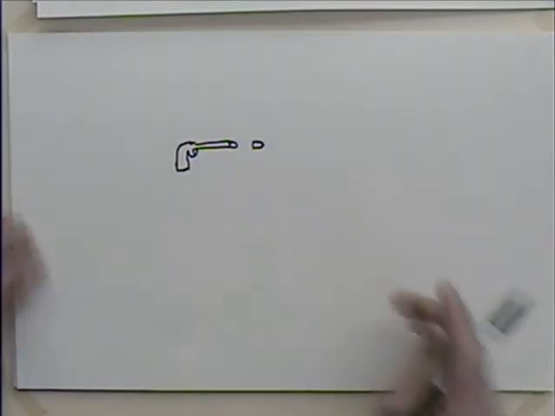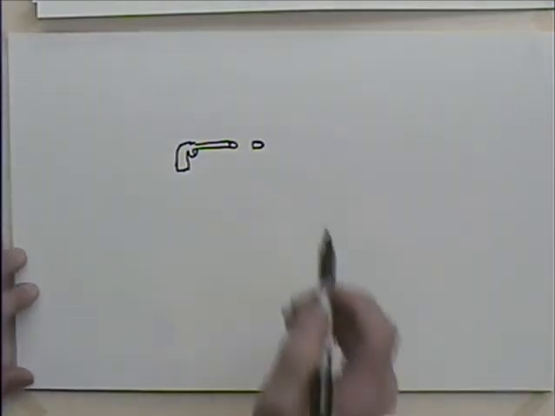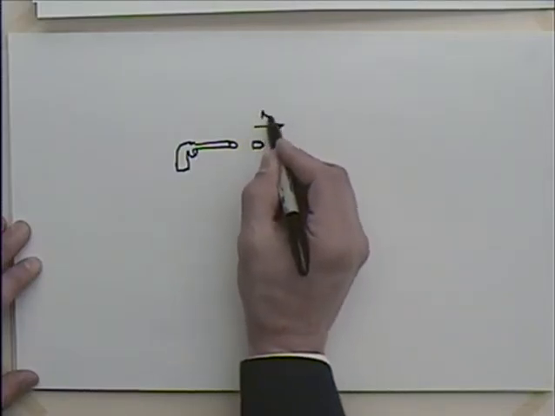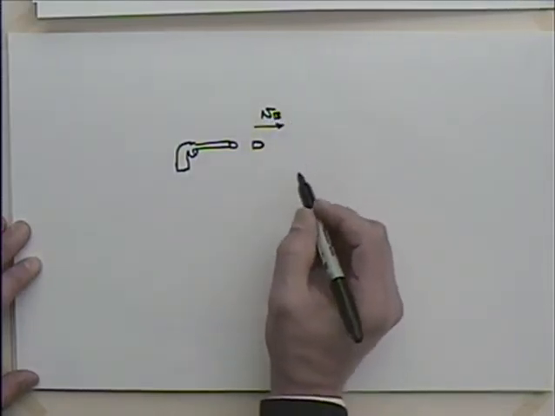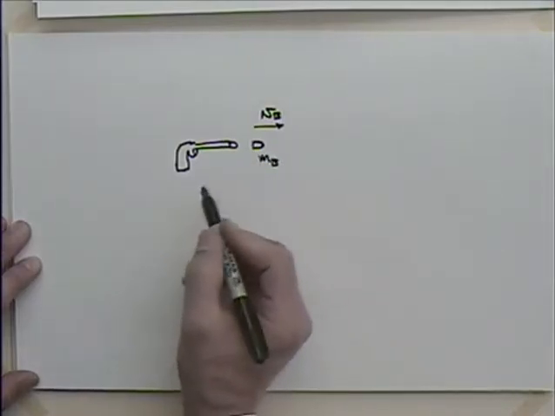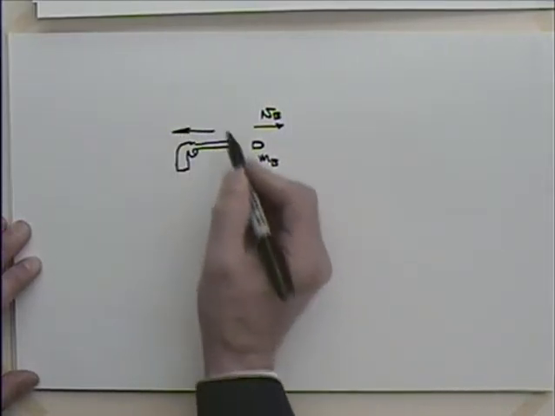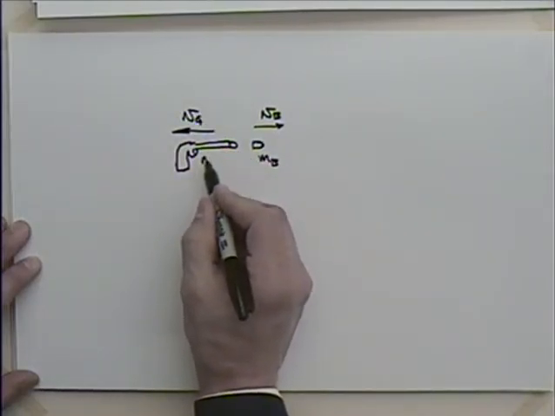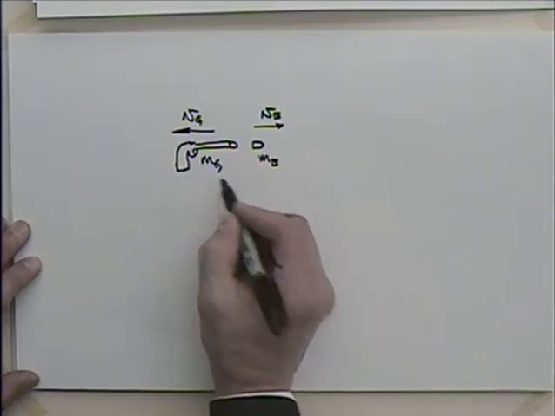Looks like someone might have whipped that out in a prison cell or something. But anyway, we've got the velocity of the bullet or the projectile here, and we have the mass of that bullet or projectile. And then we have the recoil velocity, don't we? The velocity of that gun and the mass of the gun.